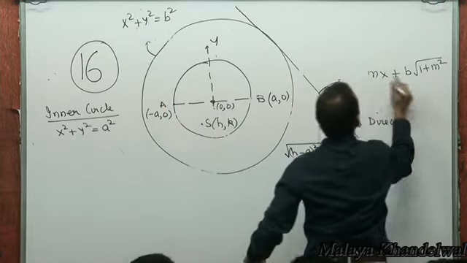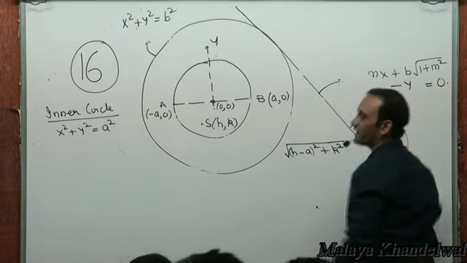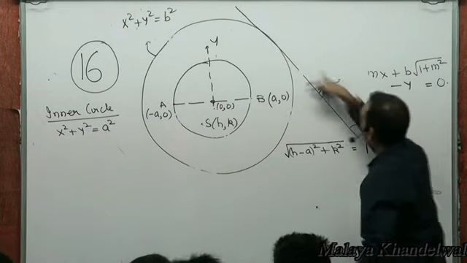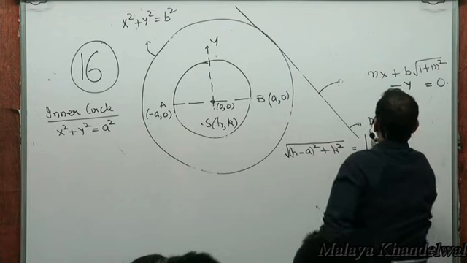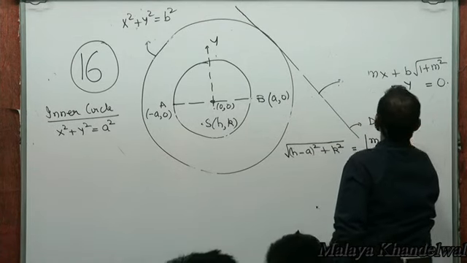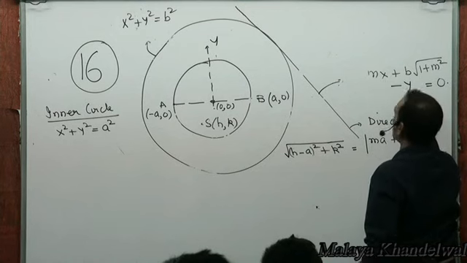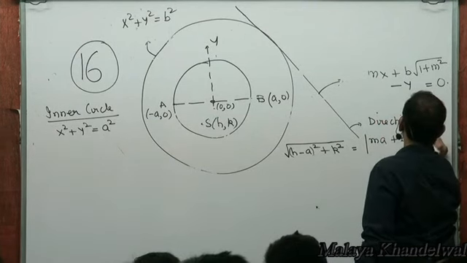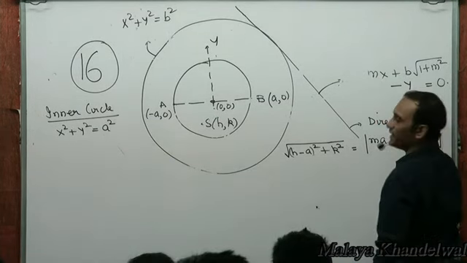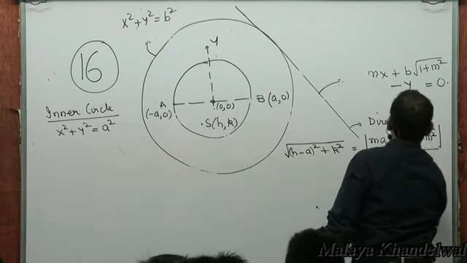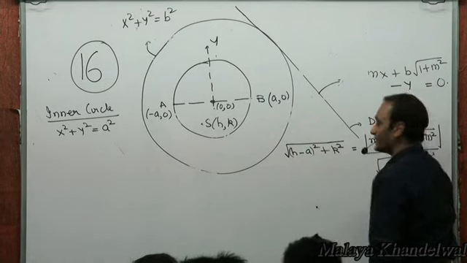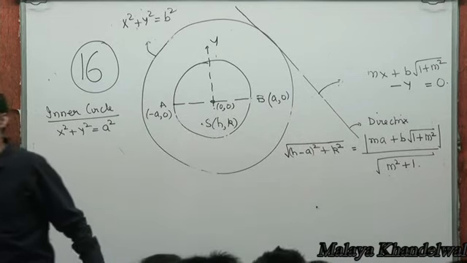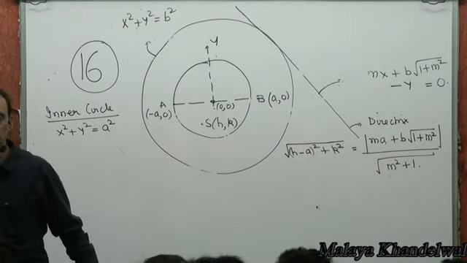Now, the equation of the directrix is mx minus y plus b root 1 plus m squared equal to 0. This equals the modulus of the distance of this line, the directrix, from a0. So that's going to be ma plus b root 1 plus m squared. Put x equal to a and y equal to 0, and divide by root of coefficient of x whole squared plus coefficient of y whole squared. That means root of m squared plus 1. Yes or no? So far so good?